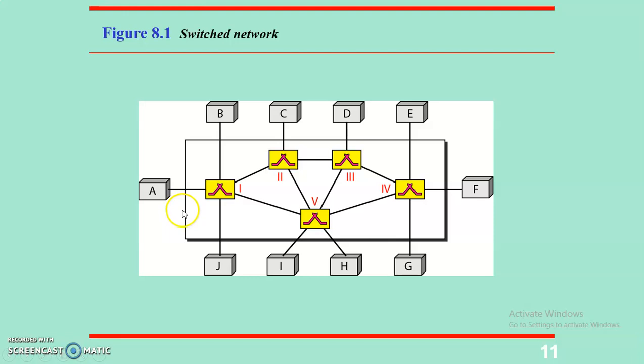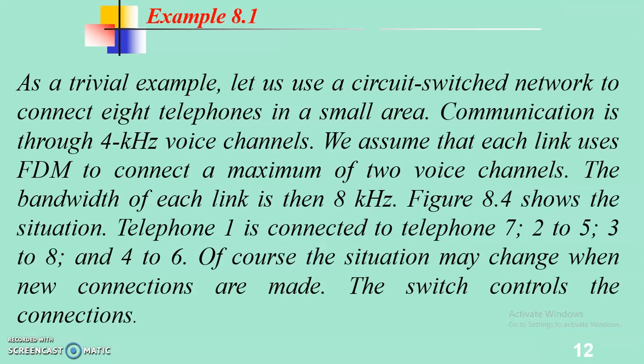A is connected with B and J. Further, it is connected with switch 2 and 5, and C is connected with switch 2, D is connected with switch 3, E is connected with switch 4, F is connected with switch 4, G is connected also with switch 4, 5, H and I are connected with switch 5 and J is connected with switch 1.